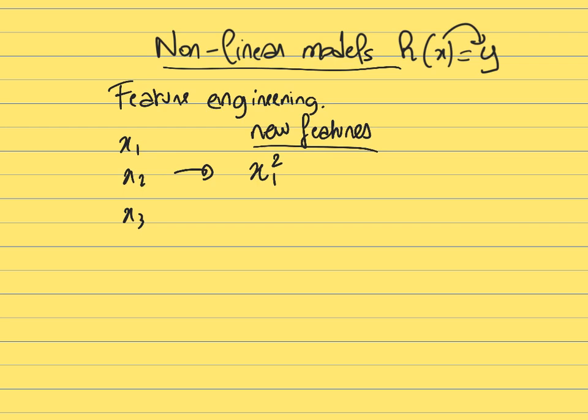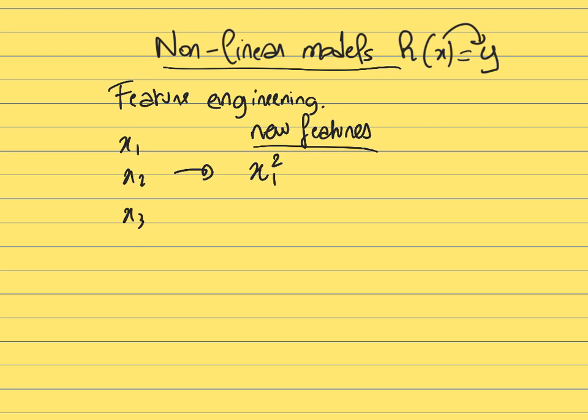And now your model will be a function of not just x1, x2, x3, but also of x1 square. So now your model, even though it's still a linear model where x1 square is just one new feature that's going to be linearly related to the output, will become non-linear because you have created those new features that are some mathematical transformation of the initial features.